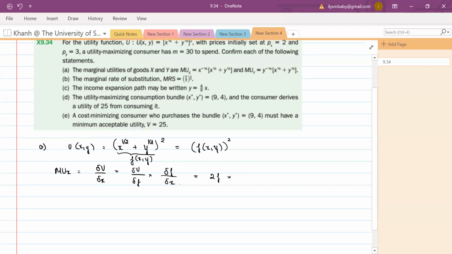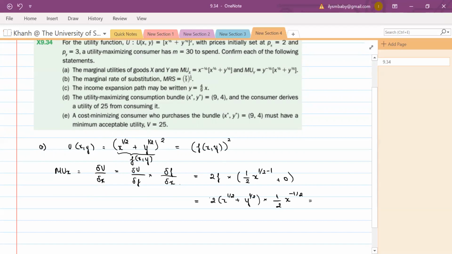Now, given that f is equal to x to the power half plus y to the power half, if you differentiate with respect to x, you get a half of x to the power half minus 1, and the differential of y with respect to x is equal to 0. Knowing the value of f, we substitute that in and multiply by a half of x to the power negative half.